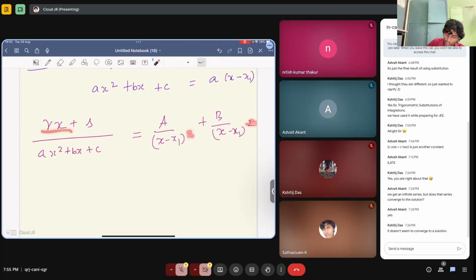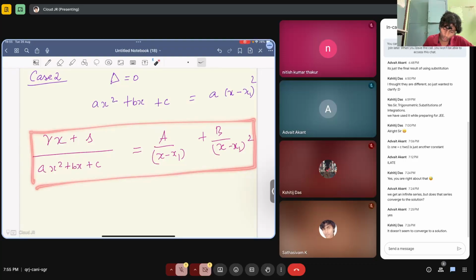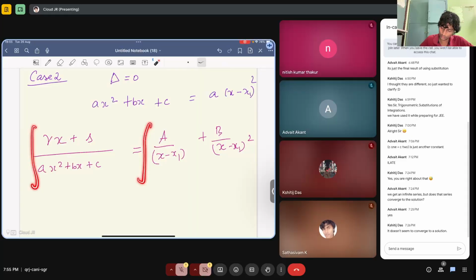So this is the perfect structure: when you take the LCM, it is a square, so you need to add a term with (x minus x1) here, and then you take the square. Okay, so without going into the detail, you express your function in terms like this. Now you can integrate both sides.